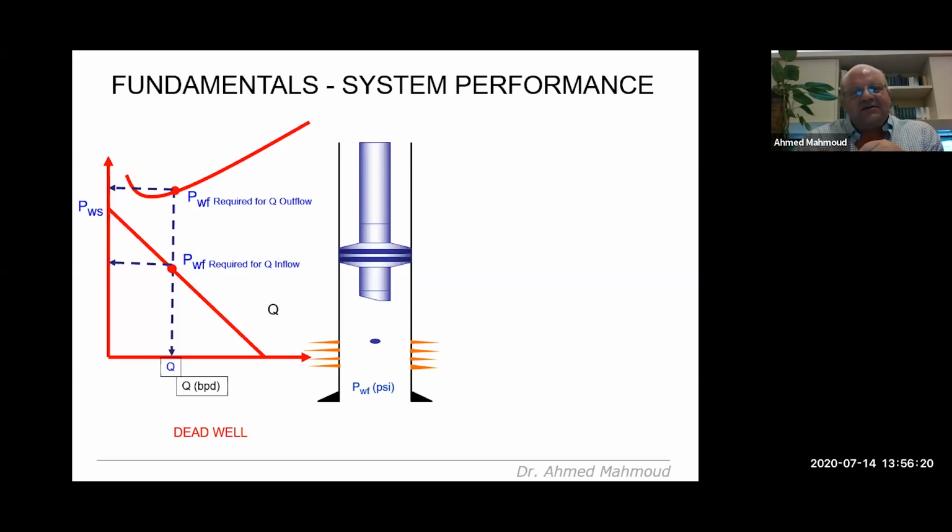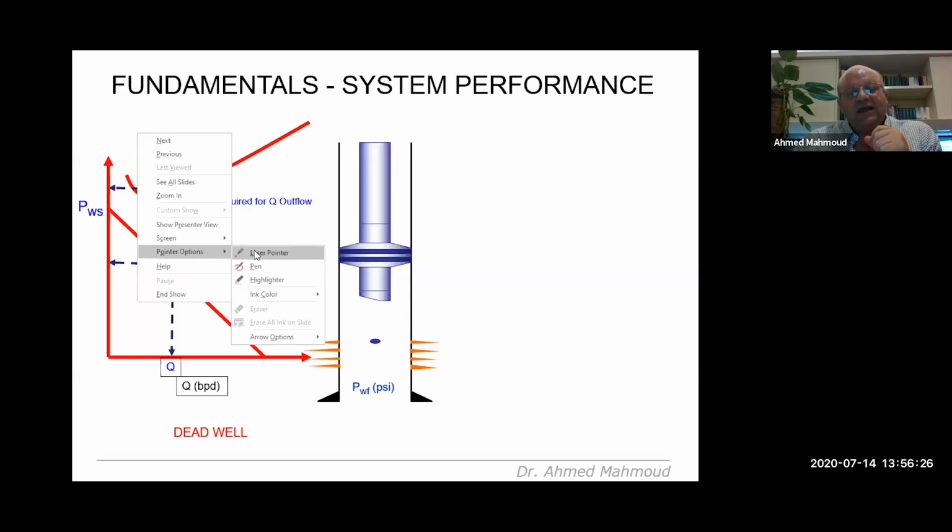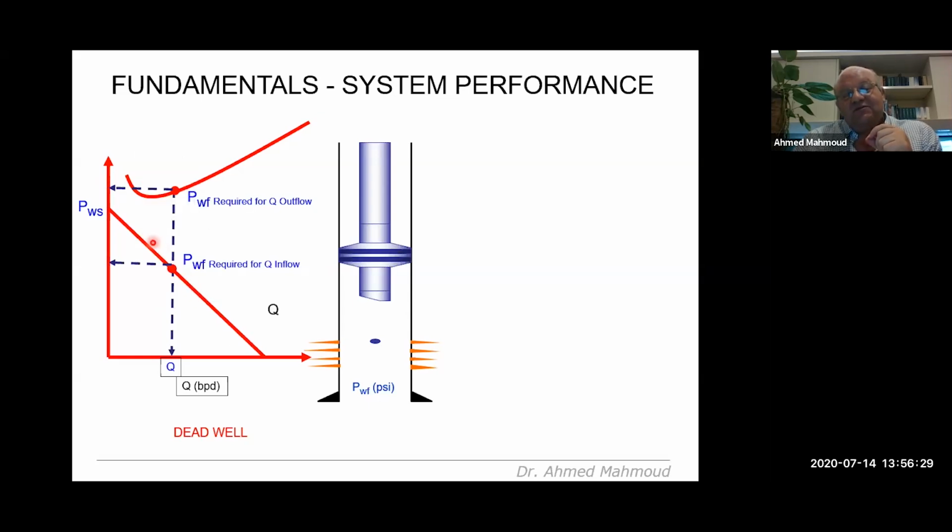All right. So either I will decide to move my inflow curve to intersect my outflow. Let me see if I can get a pointer here. So I have to shift the inflow curve up. And the inflow curve, as I mentioned before, is related to reservoir pressure.